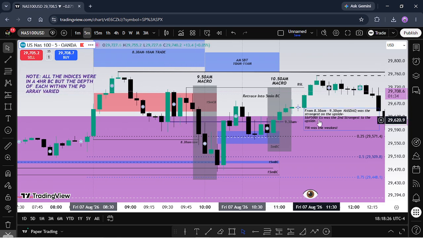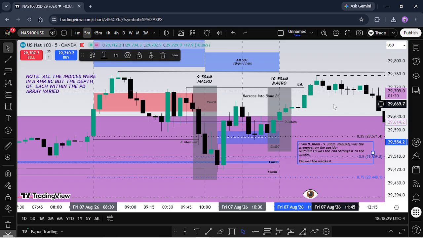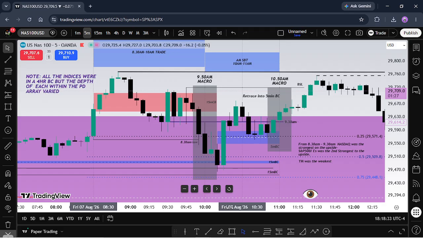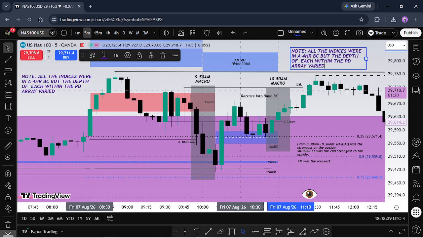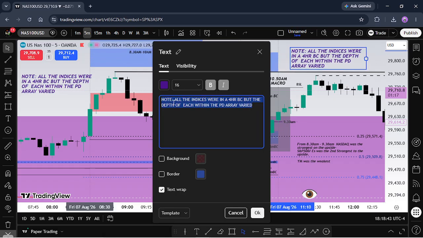So far, what have we seen? We've seen that both NQ and ES are in the uppermost level of the 4-hour BC, right?